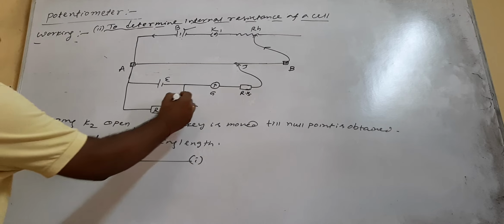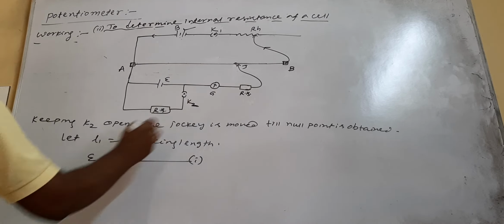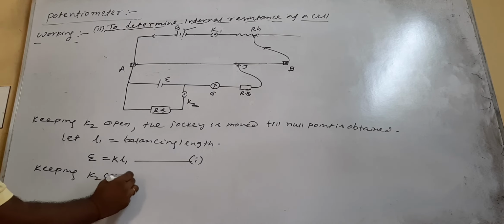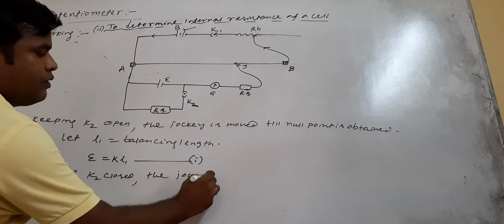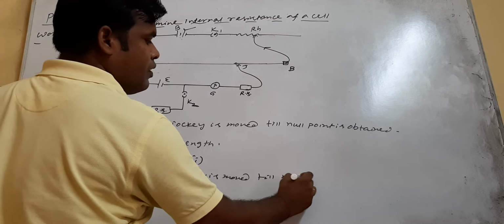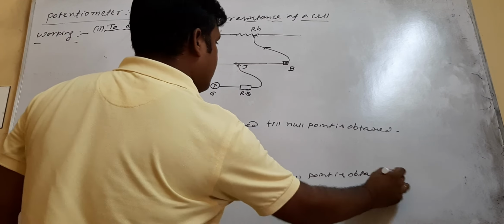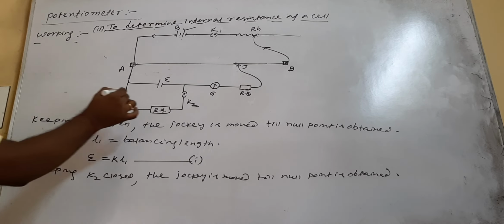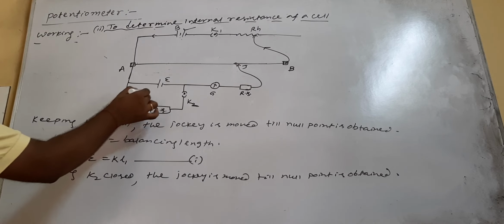Now, you close this key. Keeping K2 closed, the jockey is moved till the null point is obtained. When it is closed, the resistance box is connected to the circuit, and here you find one closed circuit.